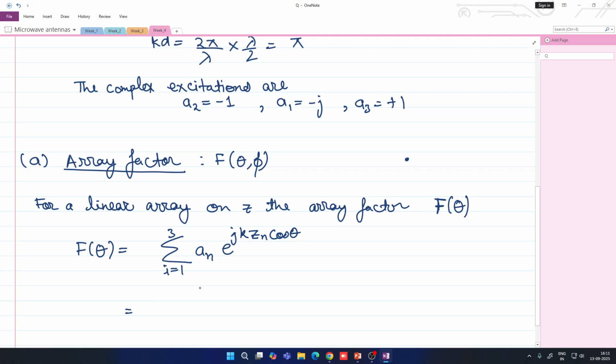If I write this down, for antenna 2 it is a2 e to the power j k d cos theta, where z_n for antenna 2 is d, plus a1, because for a1 z_n is 0, plus for antenna 3, a3 e to the power minus j k d cos theta.